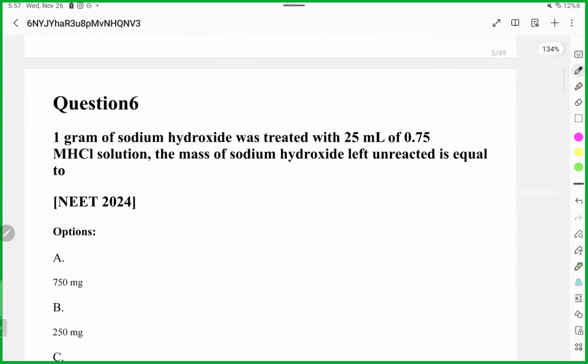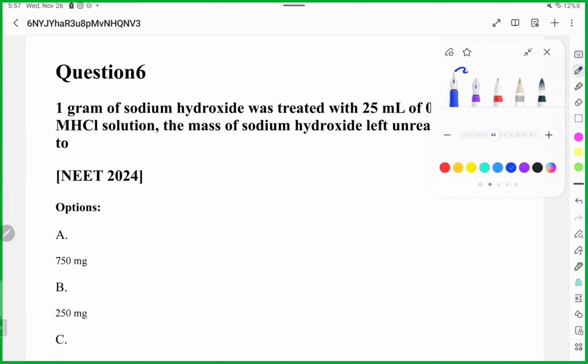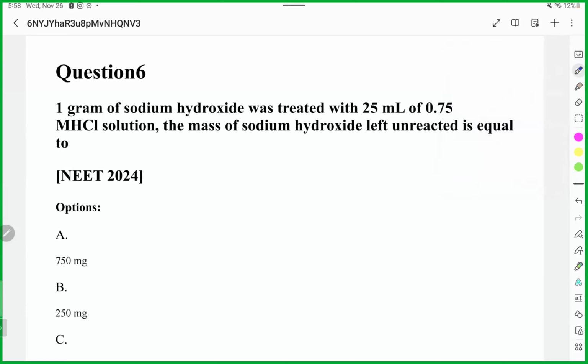Jordan, sixth question. So they're asking us to find the limiting reagent. Yes. 1 minute, I'll solve it. All of you have to solve every question. It's not like if a person has a question, you are not supposed to solve it.